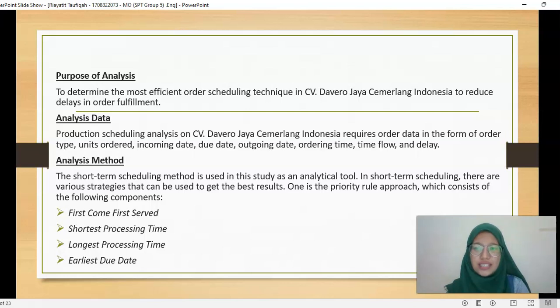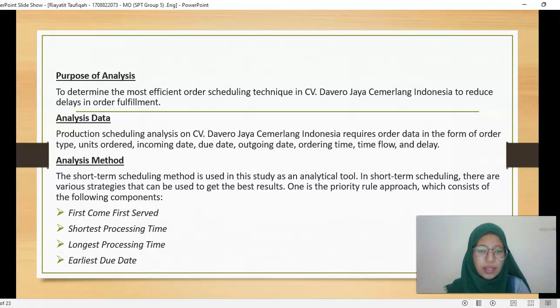For analysis data, the production scheduling analysis at CV Davero Jaya Cemerlang Indonesia requires order data in the form of order types, units ordered, incoming date, due date, outgoing date, ordering time, time flow, and also delay. For the analysis method, it uses the short-term scheduling method as an analytical tool, and in this method there are actually various strategies that can be used to get the best results.